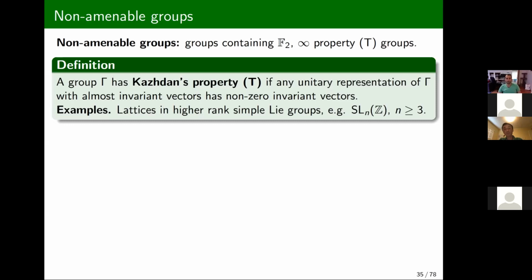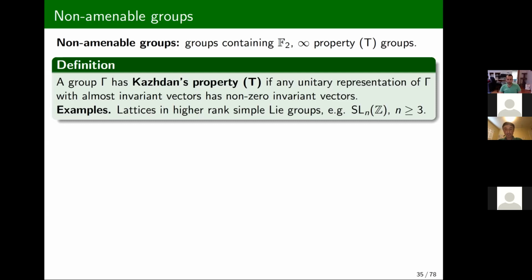So there's a sequence of vectors in your Hilbert space such that when you apply the unitary representation, these will be asymptotically fixed. Kazhdan's property T is a very strong representation theoretic property for groups, but it is satisfied by many groups, including lattices in higher rank simple Lie groups, such as SL_n(Z) with n at least 3. These are the classical examples of property T groups.